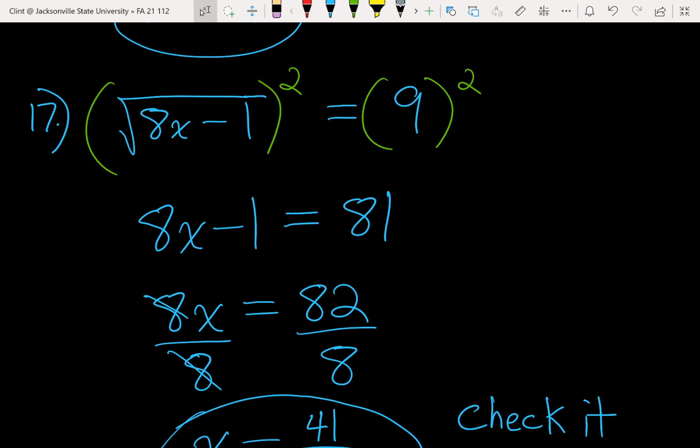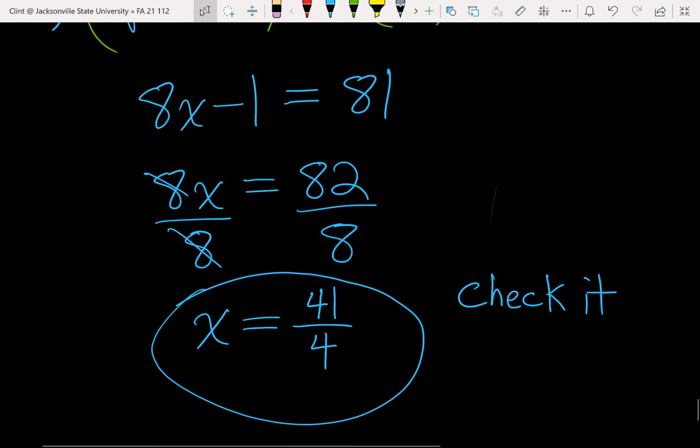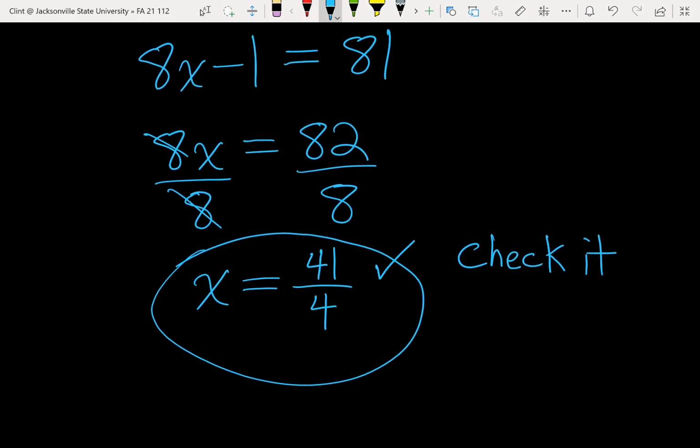So what you can do on this one, since it's a fraction, you can just do 41 divided by 4 and see, get close to it, and you'll probably have an idea. So that's 10.25. So this is going to be 80 something minus 1. That's going to stay positive because the positive 80 something is a lot bigger. So that one's okay. So that one checks out.